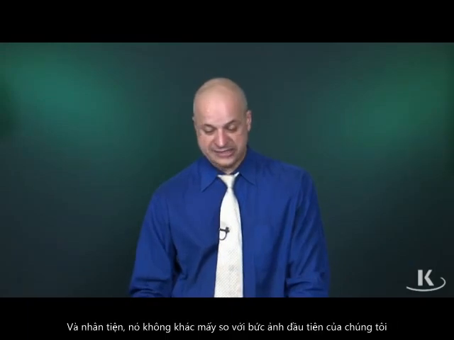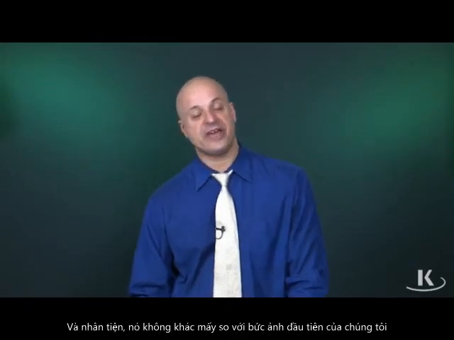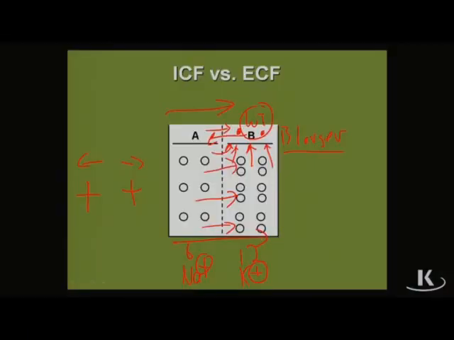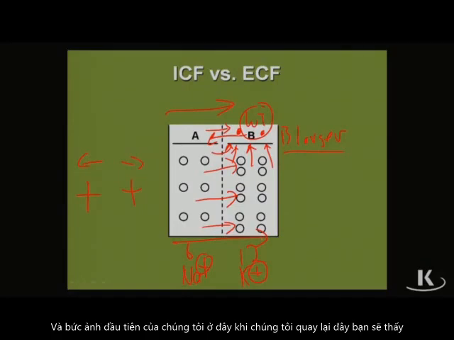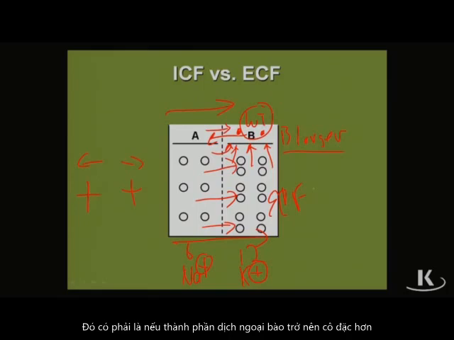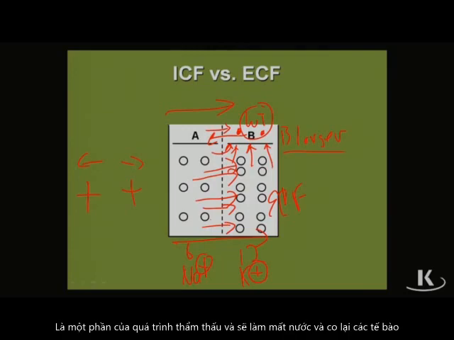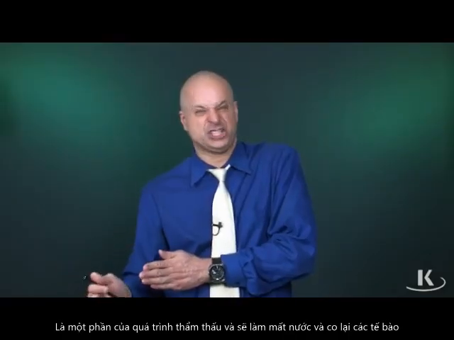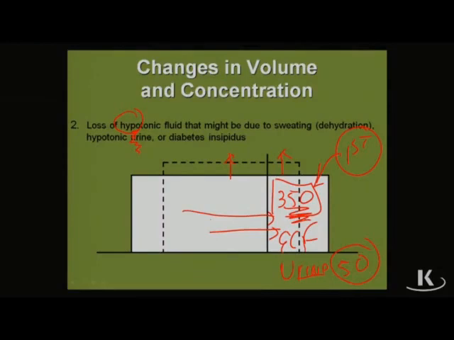And by the way, that's not far different than our very first picture. In our very first picture, you'll see that if the extracellular fluid component becomes more concentrated, fluid will move out of the cells as a part of the osmotic draw and will dehydrate and shrink the cells. And that's what's happening here.